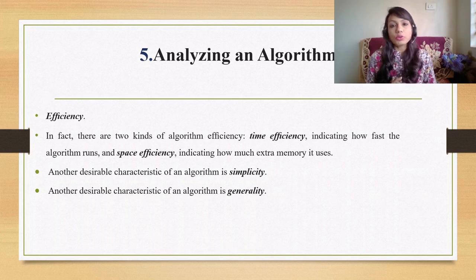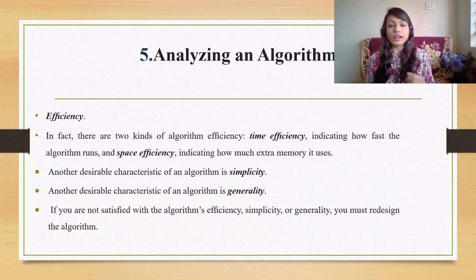One more desirable characteristic of an algorithm is that it should be general. That is, it should work for most inputs. It is better to write a general algorithm than a specific one, because it helps in reusability. And one more thing: after these 5 steps, if you are not satisfied with the algorithm, then you have to go back and redesign it.